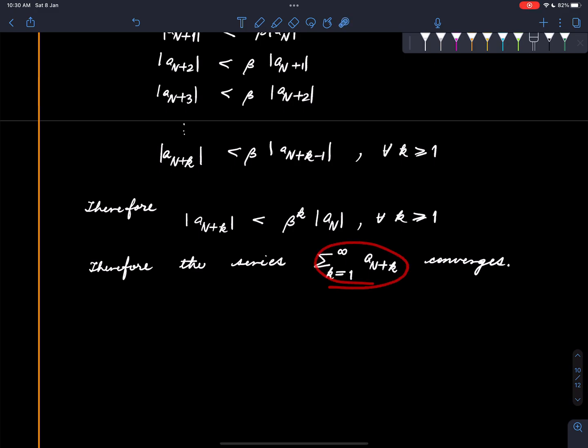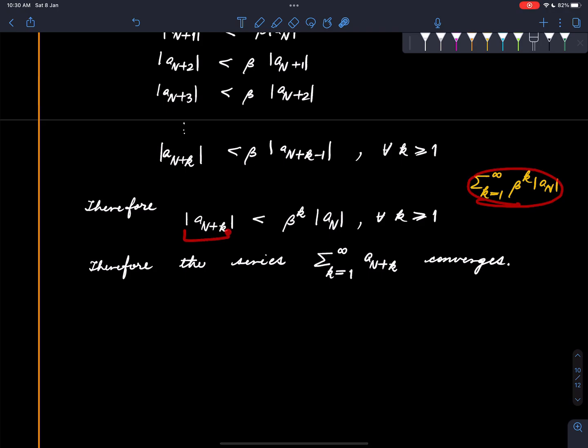We have this comparison series, and this series converges. This is because we have just scaled a convergent geometric series, because beta is less than 1, by some real number. So this thing converges, and now using the comparison test, this thing converges, which implies that the full original series converges.